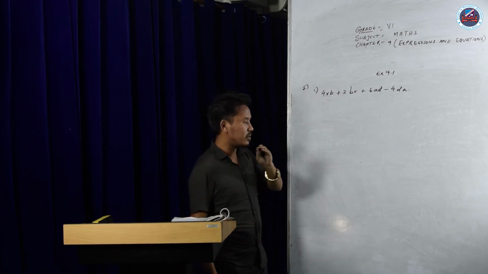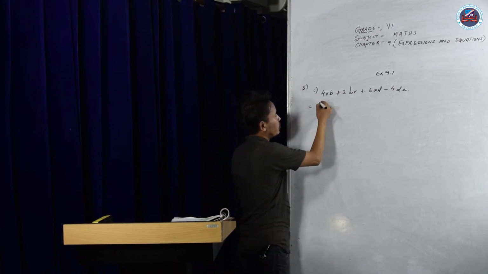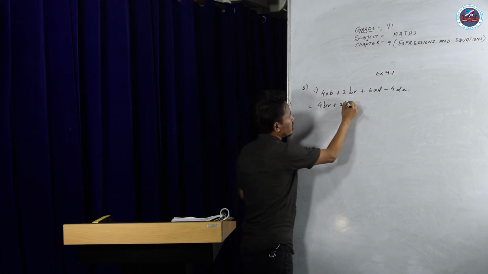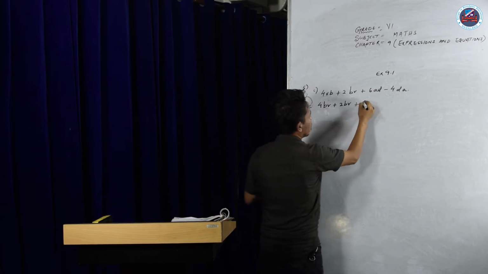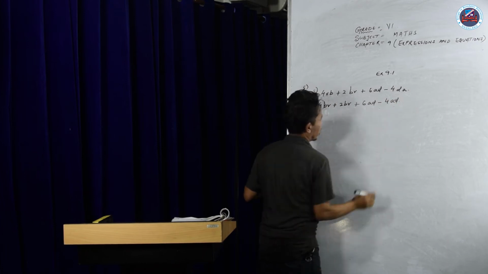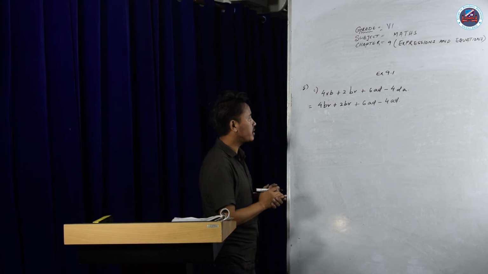First of all, let's arrange the letters properly. I can do 4BV plus 2BV because B comes first, alphabetically, plus 6AD minus 4AD. Now let's bring the like terms together.